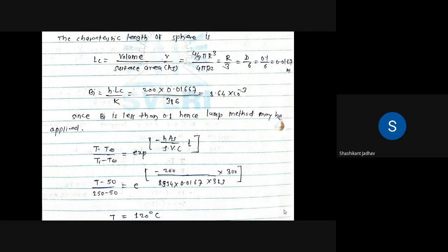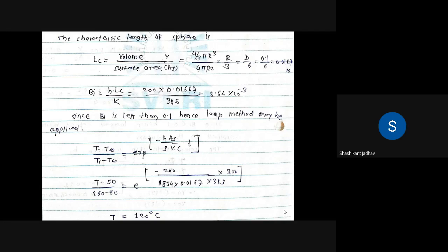Okay. So what is the standard formula for the Biot number? H LC by K. Okay.